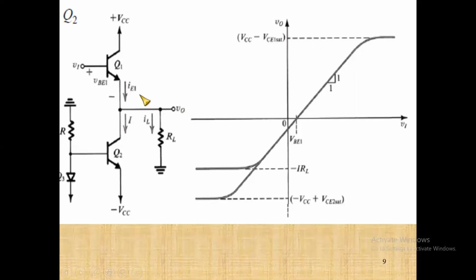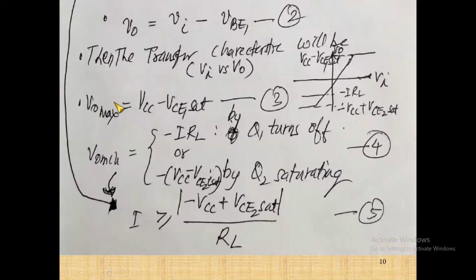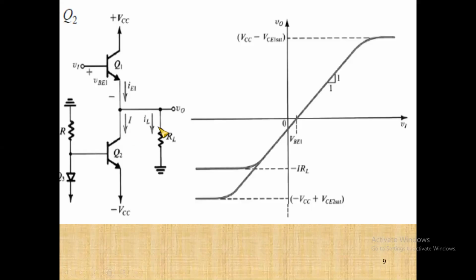The minimum value of V naught will be decided by two different considerations. One can be minus I RL. When we have minus I RL over here, at that time the current flowing here will be I, and this is also I. So when both are I, naturally IE1 will be equal to 0.